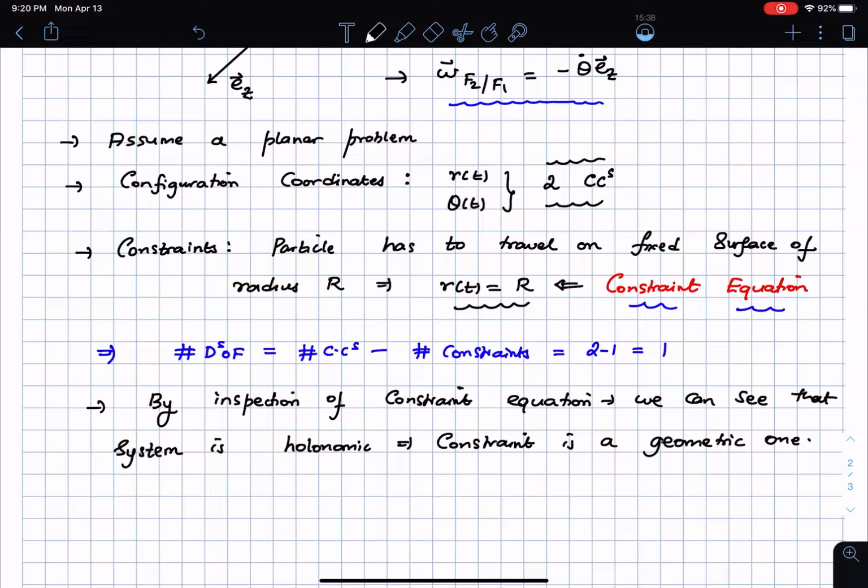Okay, and so the system is holonomic, which means that we can actually come up with a generalized coordinate.